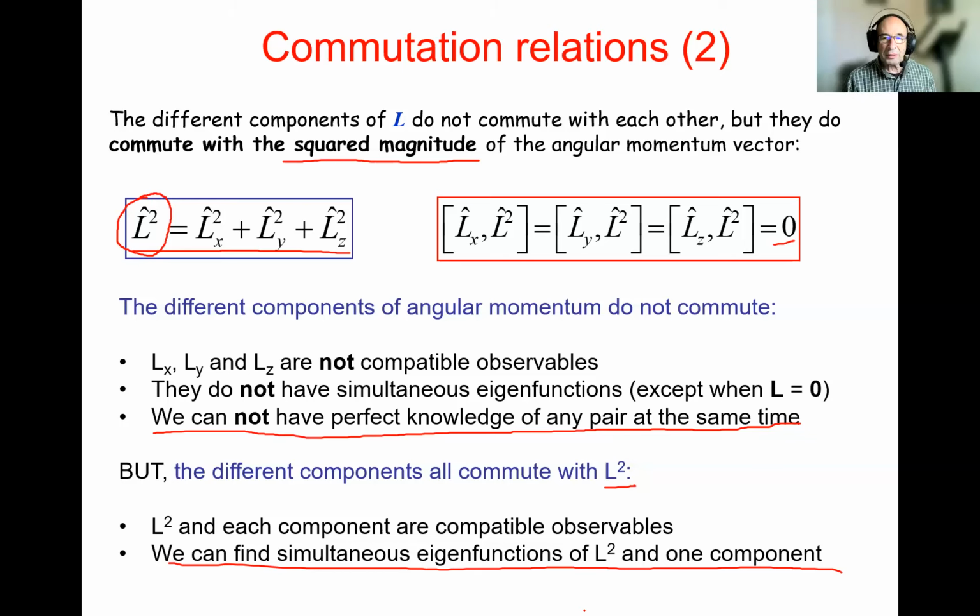So you can find both of them with certain uncertainty, or with certain error, but you cannot know both of them exactly at the same time, right? If you know one of them exactly, then you cannot know anything about the two other components. If you know one of them with some uncertainty, then you can know some of the others with some uncertainty. So this is the logic of the uncertainty principle.